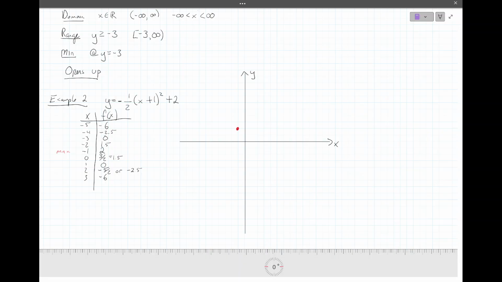And let's just graph the points that are right on there. So 1 and 0 is going to be on there. And -3 and 0 is going to be on there. -5 and -6, 2, 4, -6. And then 3 and -6 as well right there. And we can fill in the points that we're missing.